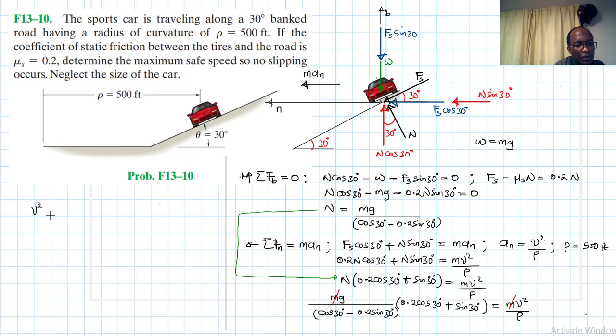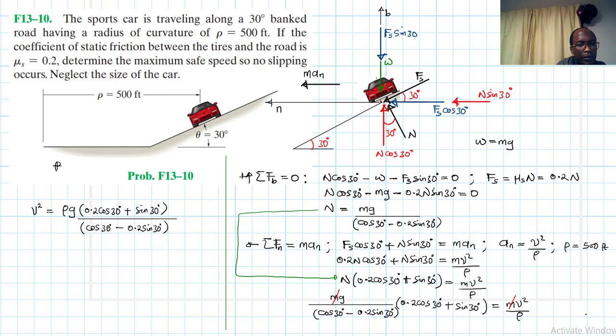So we are going to have v squared is equal to rho times g, then times 0.2 cos 30 plus sin 30, then divided by cos 30 minus 0.2 sin 30.